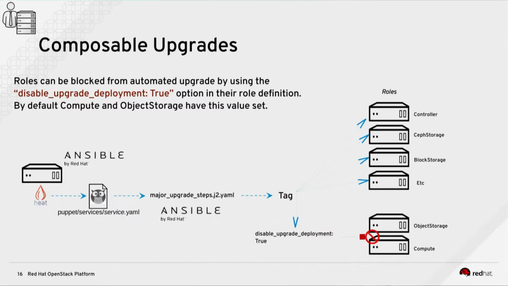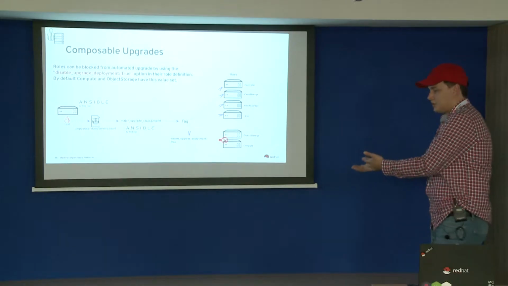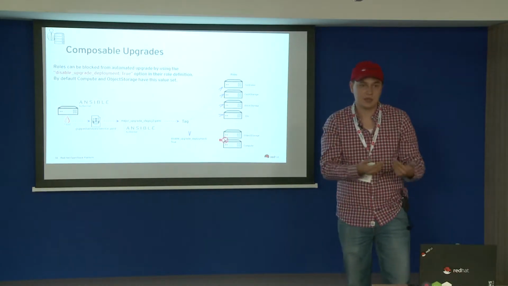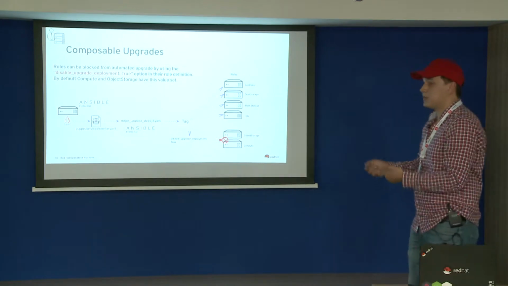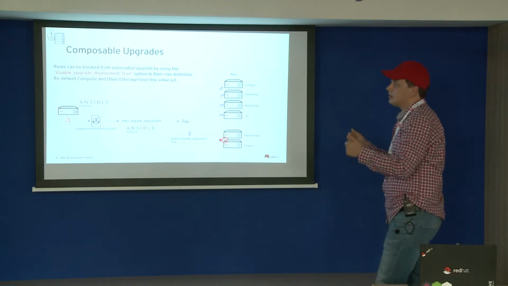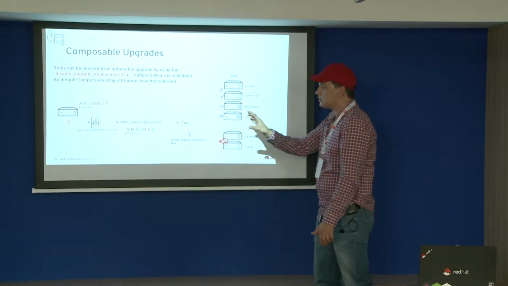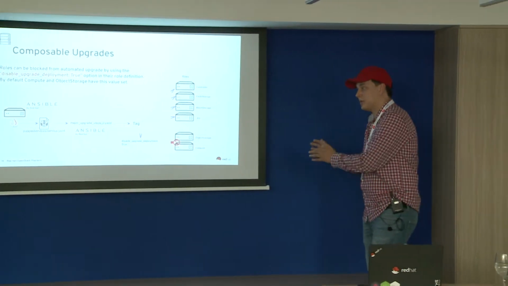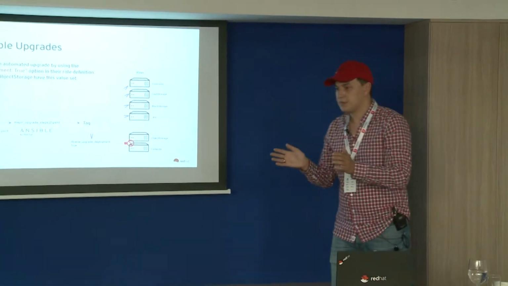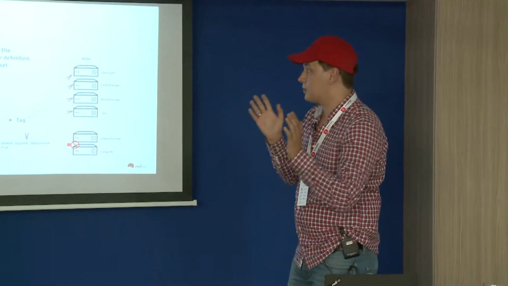You can imagine a subadmin who is only allowed to upgrade, for example, Ceph. He's your storage guy, he's reliable, he knows there's a new version of Ceph, he wants to adopt it, so you can allow him inside your director to run the composable upgrades only on Ceph, and present him with a set of Ansible playbooks which are only related to Ceph. It makes things a bit easier from our perspective.